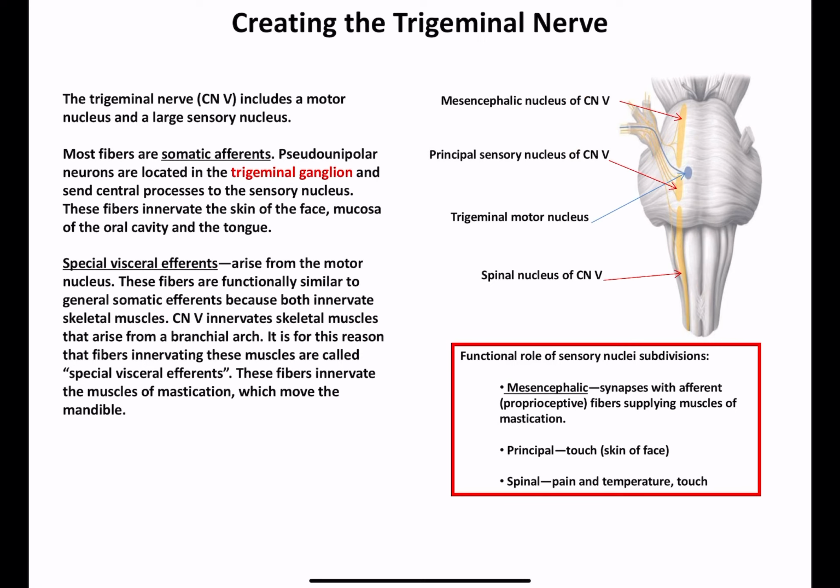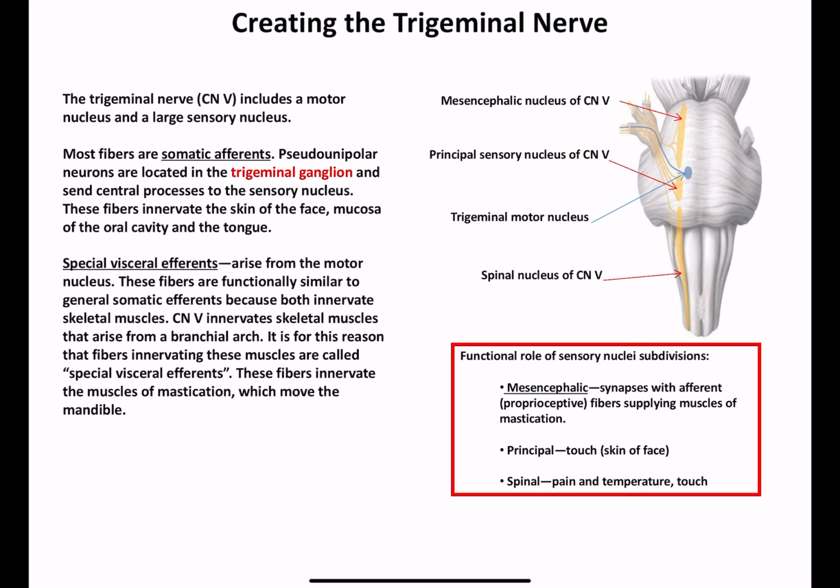Most fibers of the trigeminal nerve are somatic afferents, meaning that even though it has an efferent, motor function, it's the biggest sensory collector for our face, right? So which of the cranial nerves is the biggest motor supplier for your face? It's going to be the facial nerve. Who is the biggest sensory collector for the face? The trigeminal nerve. You can remember it like that.